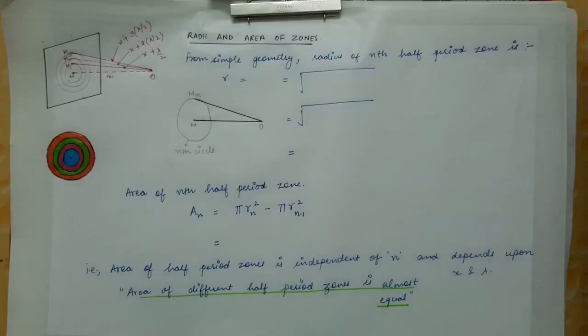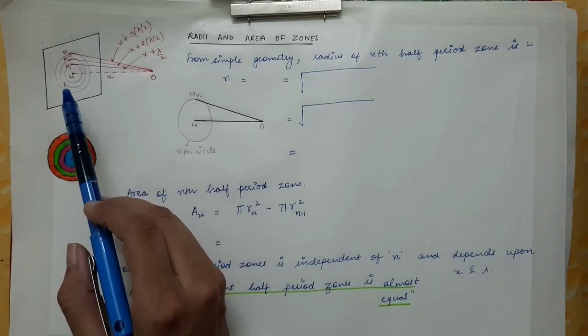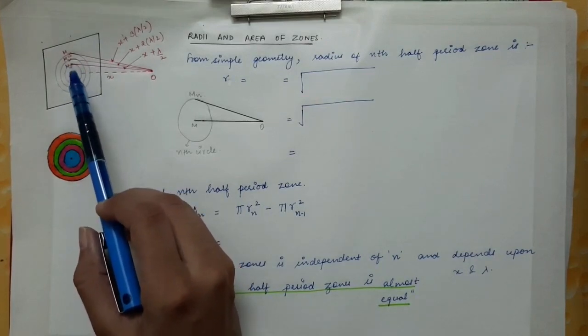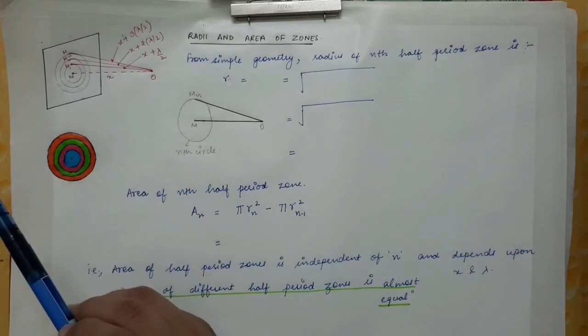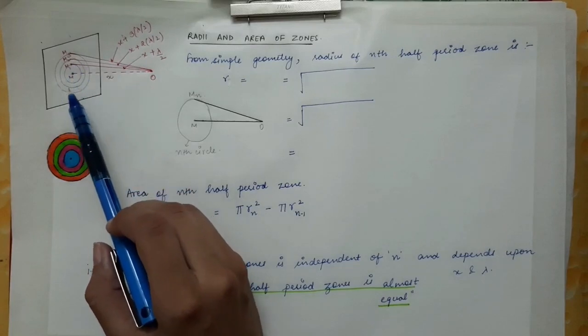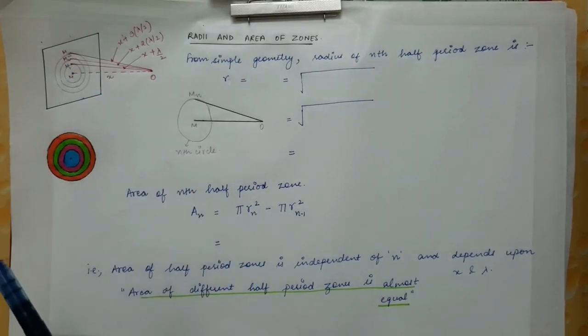So now we have seen that the exposed part of the wavefront can be divided into circular and concentric zones. The area covered by the first circle is called the first half period zone. Then the annular region between the first and the second circle is called the second half period zone.